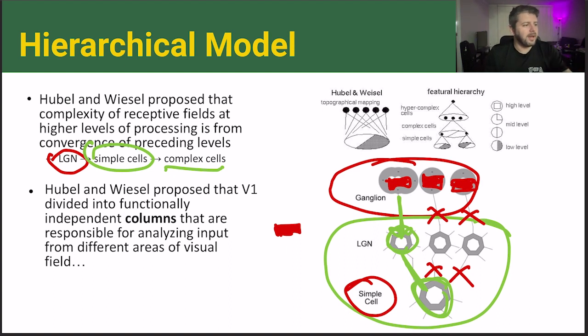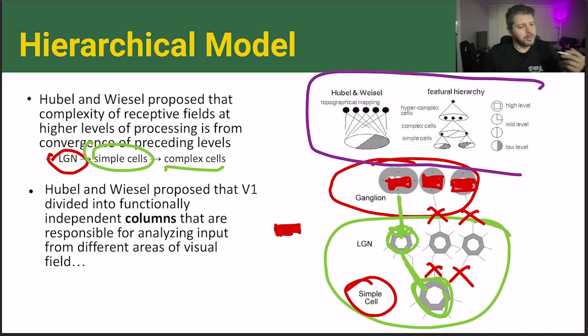And with that basis, we can now have a look at this top diagram here, which is the feature hierarchy, the hierarchical model that Hubel and Wiesel promoted. Here we have simple cells, and the simple cells lead to detection of the complex cells, and then we have hypercomplex cells here, and this gradually leads to an abstraction away from the detection of basic shapes.